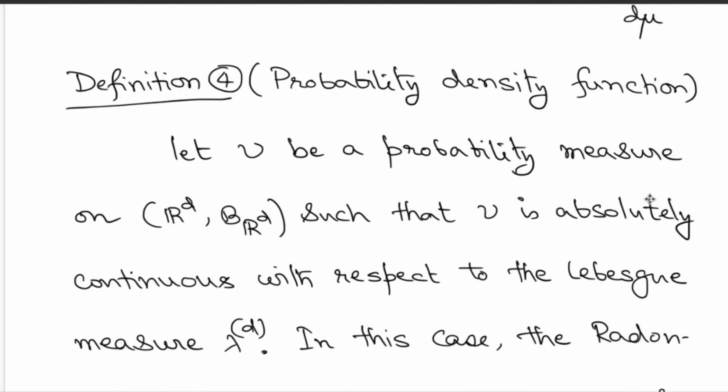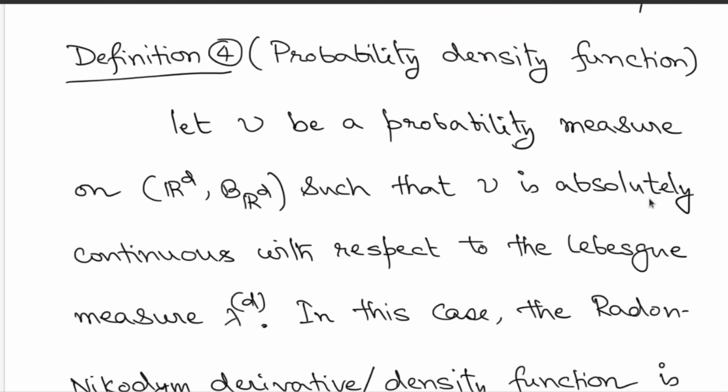Alright. Now as soon as we have this Radon-Nikodym theorem and Radon-Nikodym densities, we are going to apply it to probability measures on R^d. So again, start with a probability measure, call it nu, on R^d together with the Borel sigma field. So that is the measurable space. Suppose it happens that this probability measure is absolutely continuous with respect to the Lebesgue measure on these d dimensions.